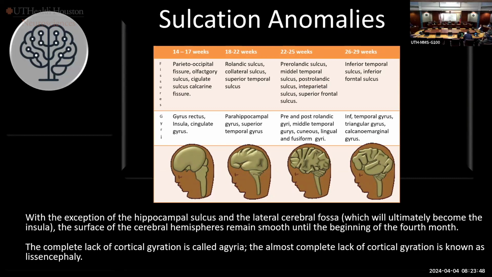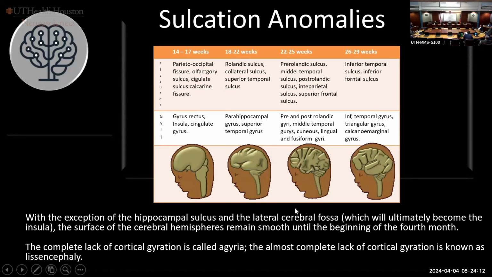We're having babies at 24, 25 weeks, so they're going to be between these stages, and it's still completely normal for them to be undersulcated because they're alive and they're out. So you have to be super careful when somebody asks if there's a sulcation anomaly. That goes for a couple of other defects, but this one is very important.